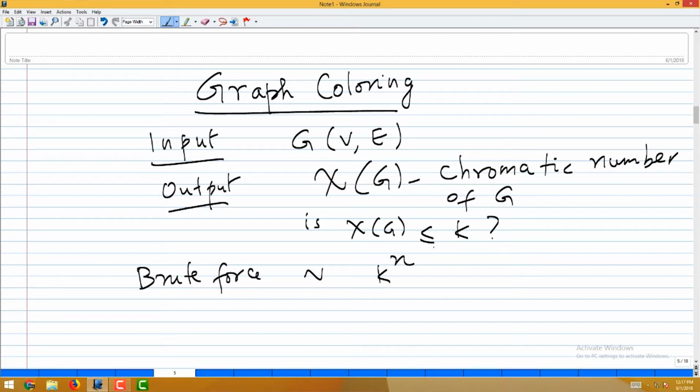You want to come up with a dynamic programming algorithm again, right? So, what are the subproblems? So, what you do is just look at the optimum coloring and try and study some properties of it, and that will suggest you what are the subproblems you need to compute. Okay.